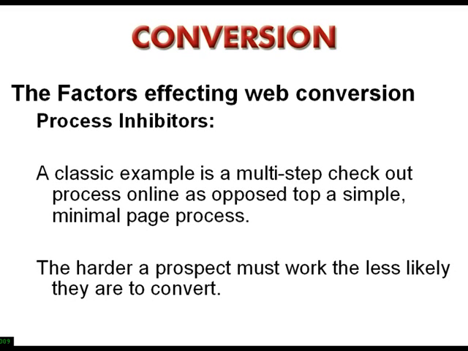A classic example, and this is a very specific one, is the idea of a multi-step checkout process online, as opposed to a simple minimal page process. Now think about this: the harder a prospect must work, the less likely they are to convert. That's the bottom line.